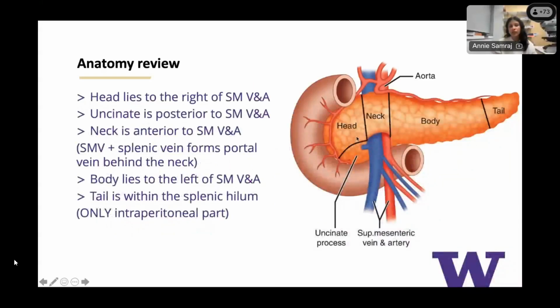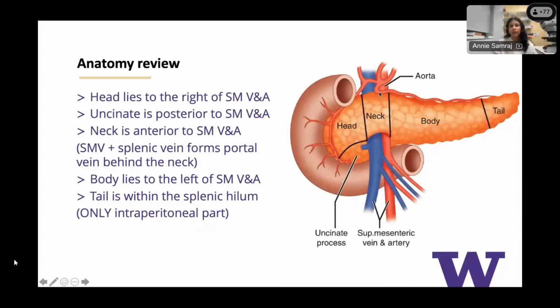The anatomic subcompartments are mainly the head, neck, body, and tail. The uncinate process is actually part of the head; it's just an extension of the head. These compartments are designated based on their relationship to the superior mesenteric vessels.